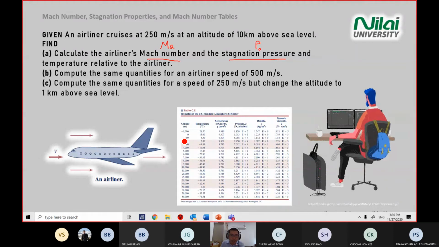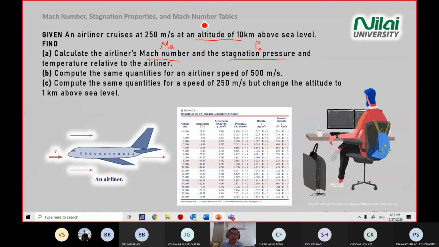What this table tells you is that at different altitude, or different height from the ground, your air will act differently. Means that the measured temperature will change, gravity will change, pressure will change, density will change, and dynamic viscosity will change. Now this table C.2 only comes into place when you see the keyword altitude, means the distance from ground, then you need to use this table.